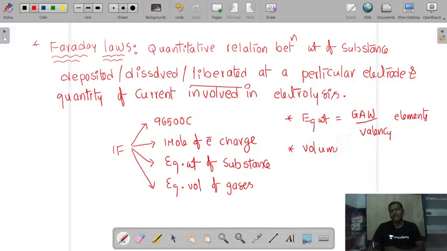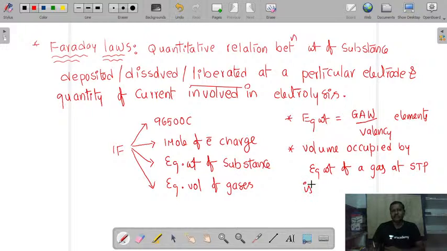The volume occupied by the equivalent weight of a gas at STP is called equivalent volume.